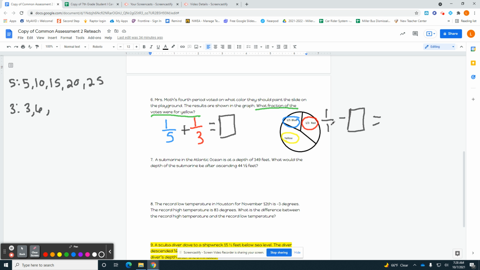And then remember, what you do to your denominator, you have to do to your numerator. So you're going to multiply both of these by whatever your denominator is here. Okay? So finish solving that out. Pause your video so you can do that, and then resume so you can come back to 7.